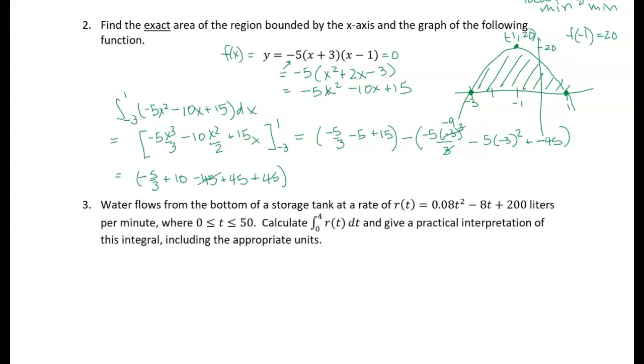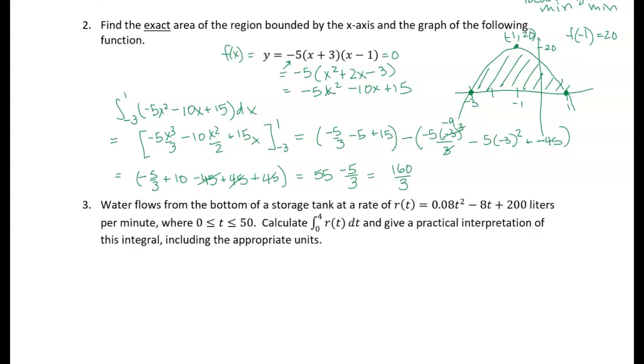Okay, that's good. We can cancel these two 45s. That makes it a little simpler. So basically we have 10 plus 45 is 55, and then minus 5/3. Okay, so if I work that out, I end up with 160 thirds.